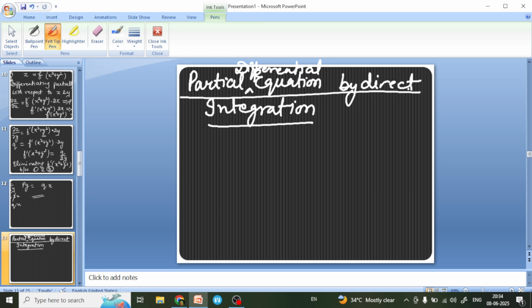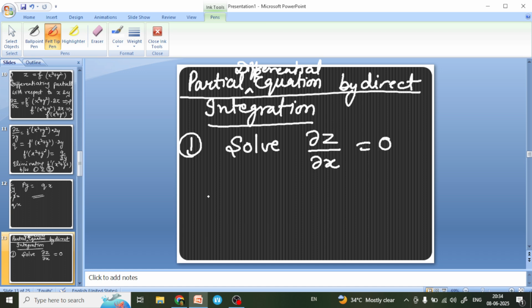A partial differential equation can be solved by successive integration in all cases where the dependent variable occurs only in the partial derivatives. For example, we are given the statement: solve derivative of z with respect to x equal to 0.